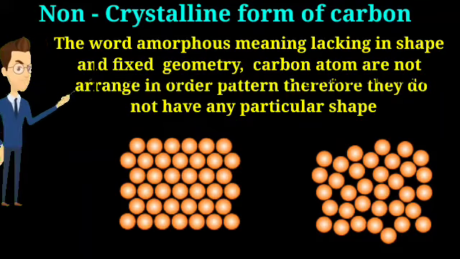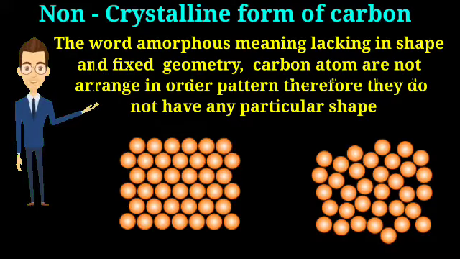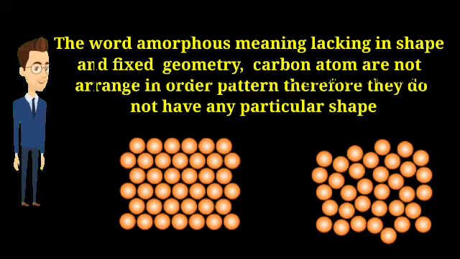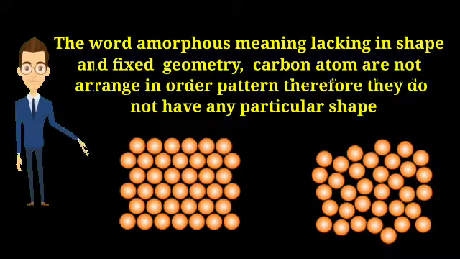But in the second figure, carbon molecules are not properly arranged, they are in random directions. That's why it is called amorphous. There are lots of differences between amorphous and crystalline, but we will learn about them in higher classes. Just keep this in mind: in a crystalline form, molecules are arranged in a fixed manner, but in amorphous form they are not, so they do not have a fixed shape and geometry.